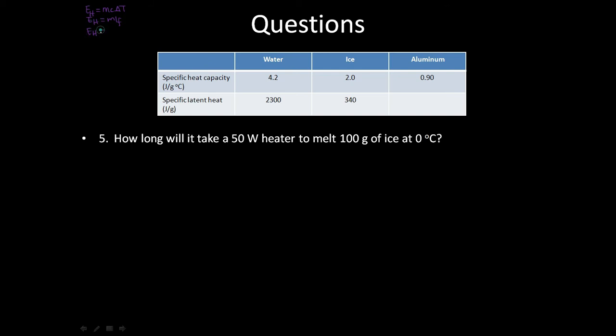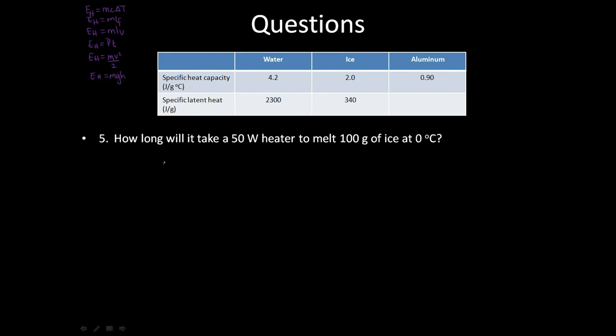EH equals to MLV. EH equals to PT. EH equals to MV squared over 2. And EH equals to MGH.